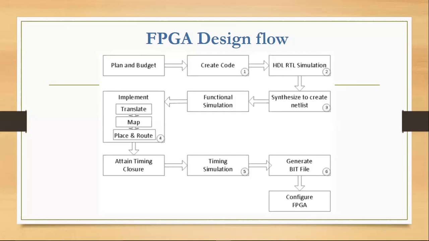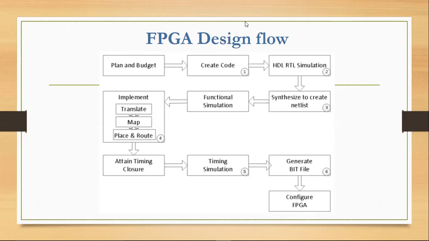The first one is translate the design, then mapping, and then place and route. While translating, it merges all of the input nets and design constraints and outputs a Xilinx native generic database file that is called an NGD file. After completion of this translation step, we get that NGD file.